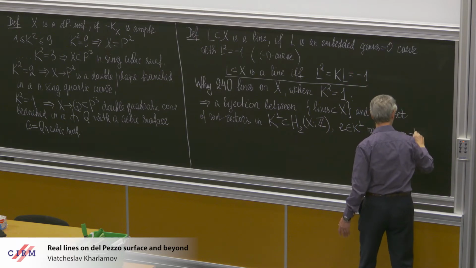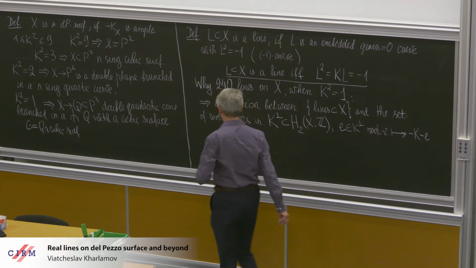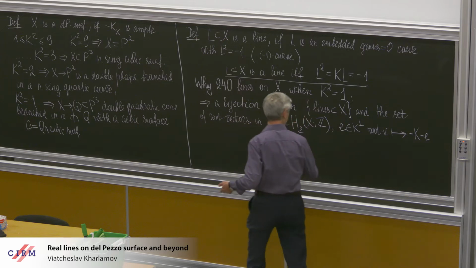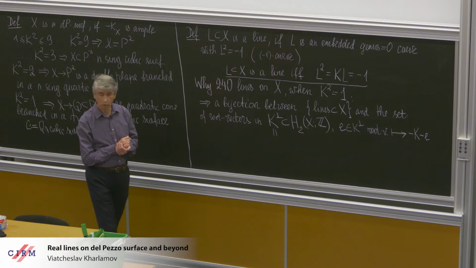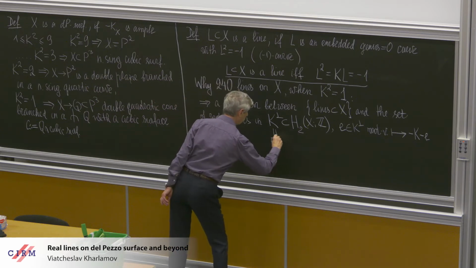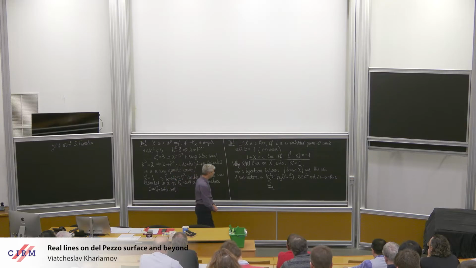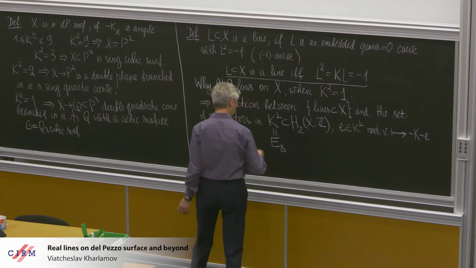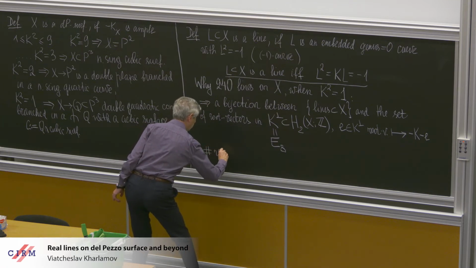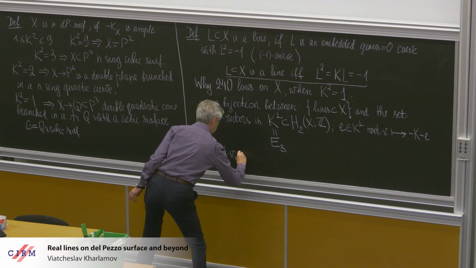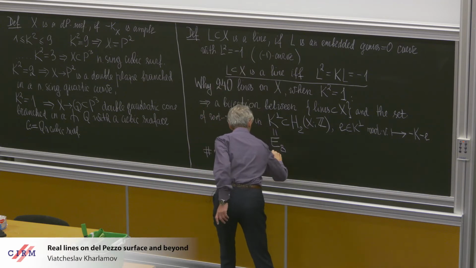It's just minus K minus E. And after that, you observe that the orthogonal complement to the canonical class is nothing but the famous root lattice E8. So you count the number of root vectors, and it's an easy exercise. It's equal to 240.